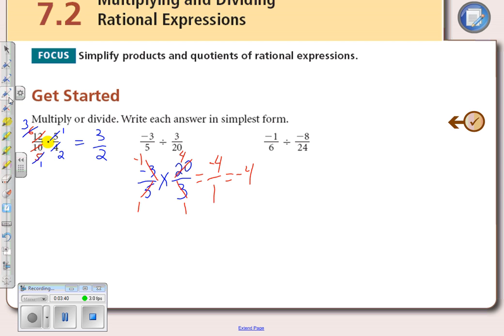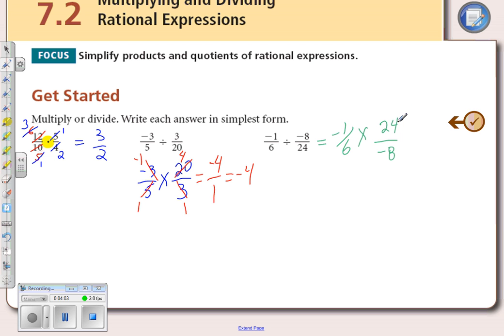Let's look at this next one. Negative 1/6 divided by negative 8 over 24. First move, multiply by the reciprocal. See if I can reduce within the fraction first. First one can't reduce.